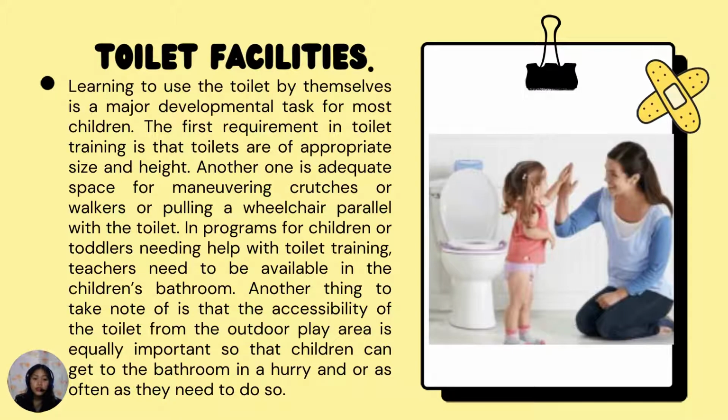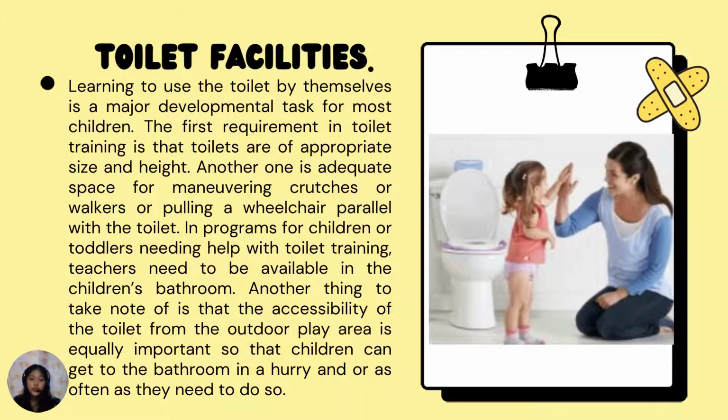Another thing to take note of is that the accessibility of the toilet from the outdoor play area is equally important, so that the children can get to the bathroom in a hurry and as often as they need to.